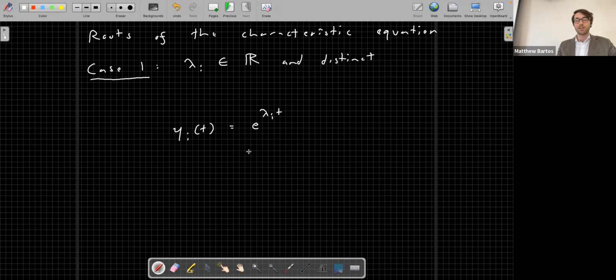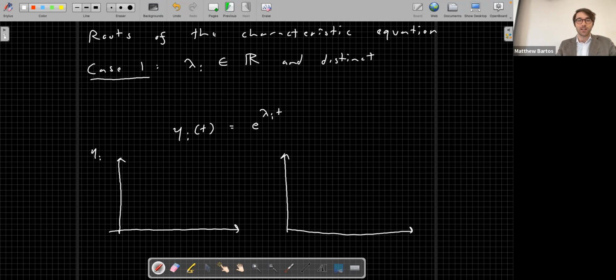Okay, so what does the response corresponding to this case look like if lambda_i is real? Exactly. So the response corresponding to a root of this form will be either exponential growth or exponential decay. So let's draw it out.